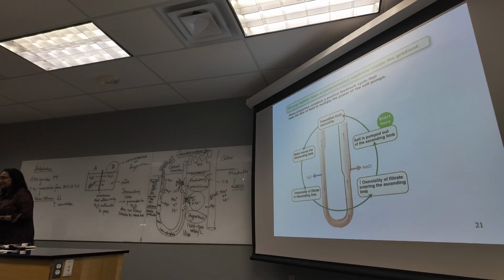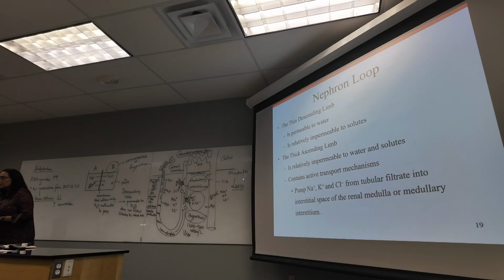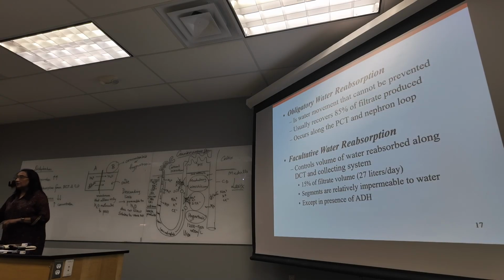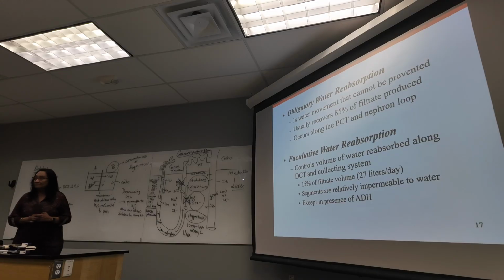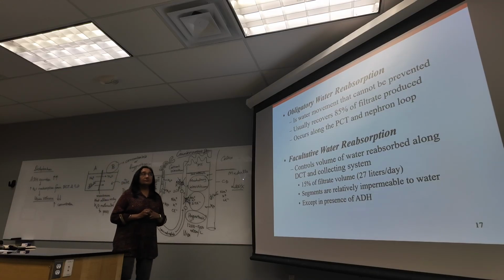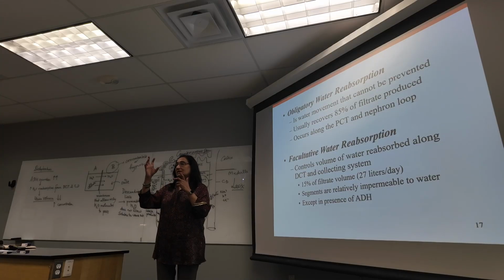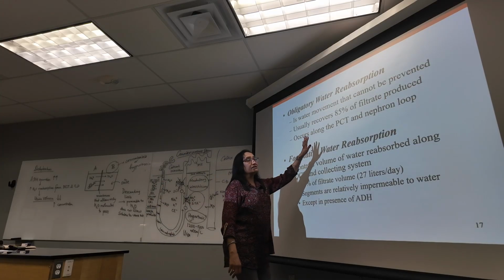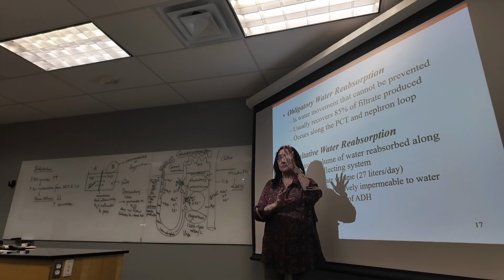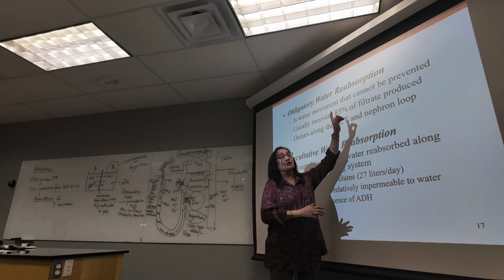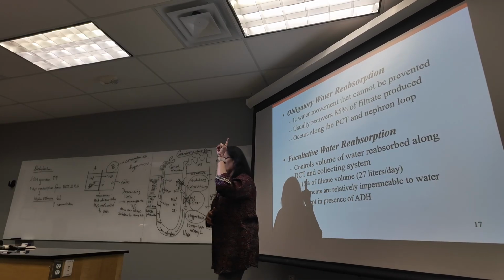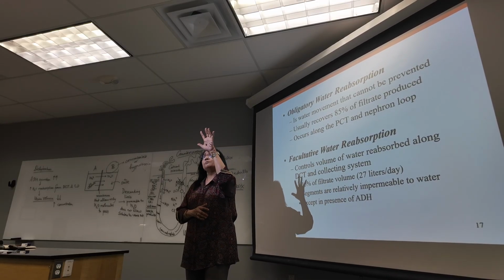The water reabsorption that occurs in the proximal convoluted tubule is fixed here, I told you, because glucose is getting reabsorbed, amino acids are getting reabsorbed, so there's no way you can stop it. This water reabsorption that happens in the proximal convoluted tubule cannot be prevented.